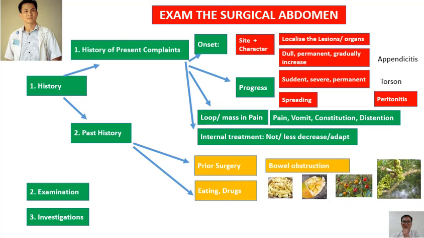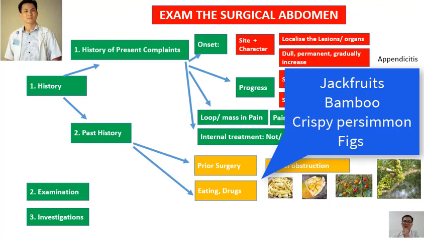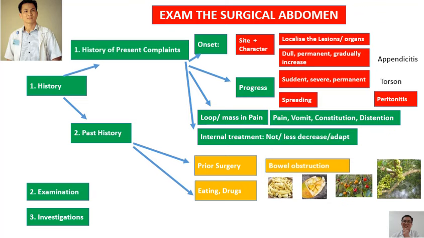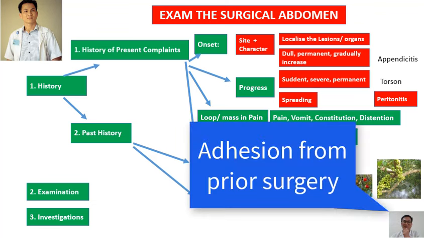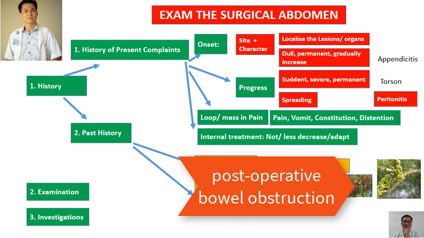For example, a history of abdominal surgery combined with recent intake of foods such as jackfruit, bamboo, crispy persimmons, or figs may suggest the possibility of intestinal obstruction. Adhesions from previous surgeries are a common cause of such obstruction.